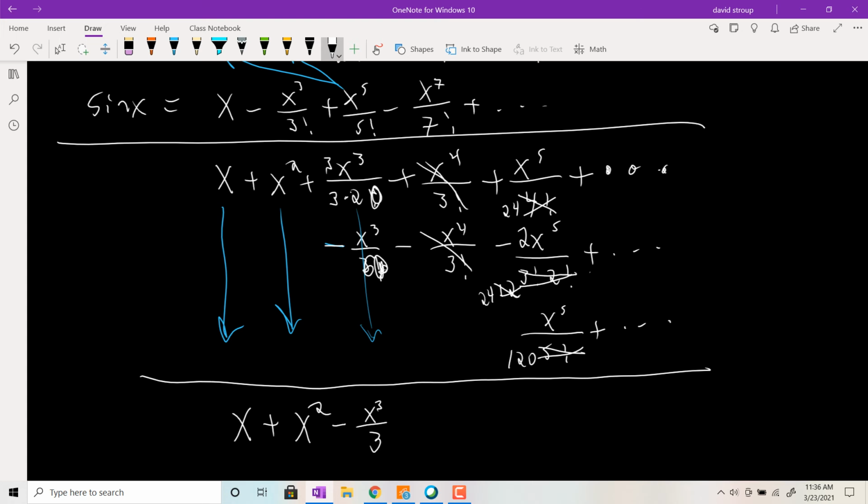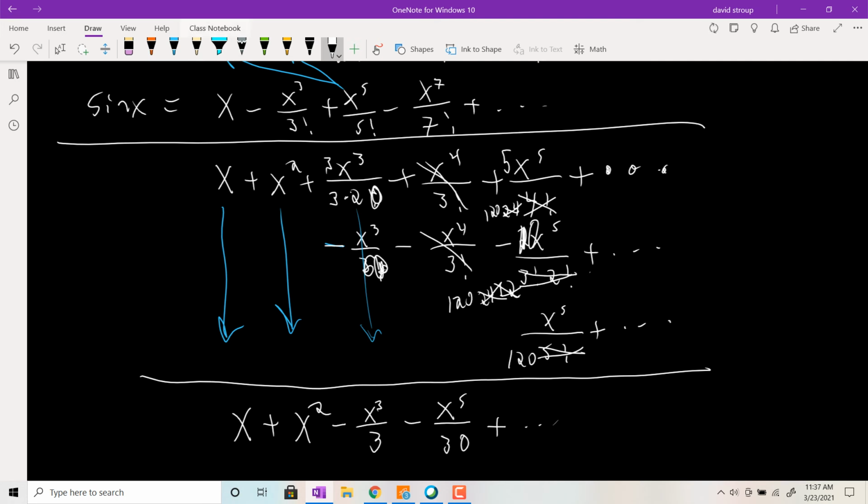And then I need a 120, so I need to multiply them both by 5, top and bottom. If I multiply this by 5, I'll get 120. This by 5, I'll get negative 10. This by 5, I get 120. And this by 5 up here. So I get negative 5 over 120, negative 4 over 120, which is negative 1 over 30, so negative x to the 5th over 30, and that just keeps on going, right?